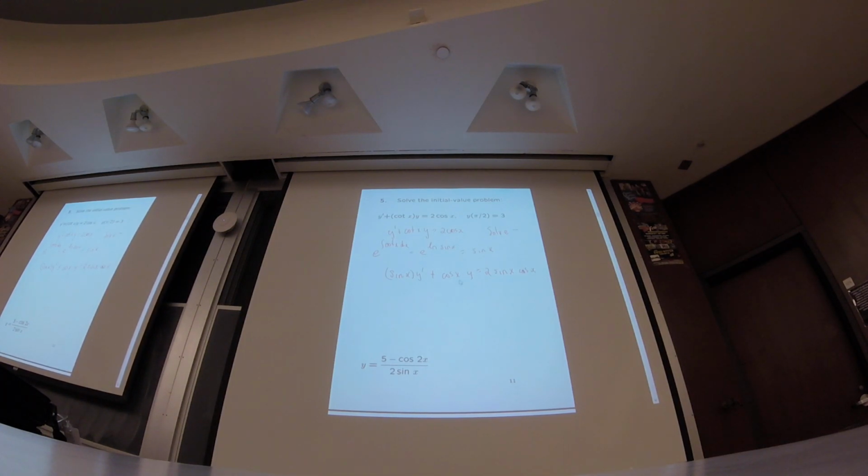The left side is the derivative of sine x times y, which equals 2 sine x cosine x. You can check. First times derivative of second plus second times derivative of first. Okay, so that means sine x times y is the integral of 2 sine x cosine x.